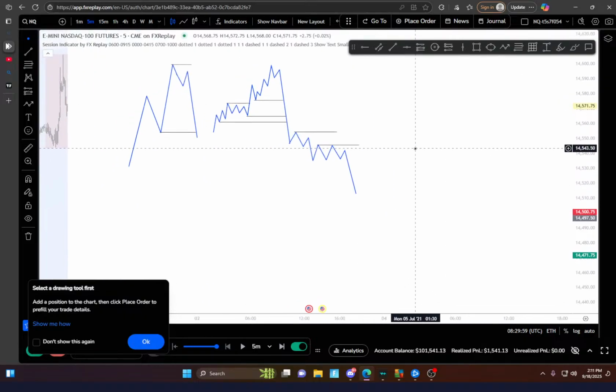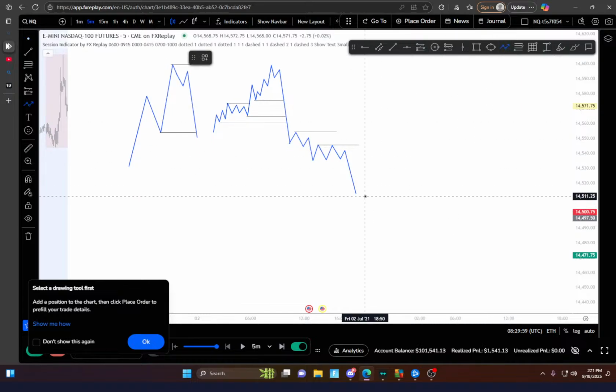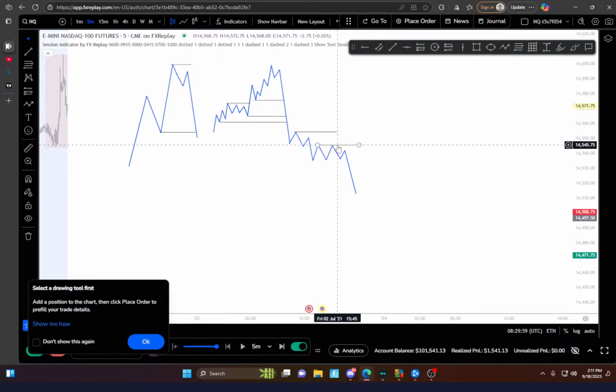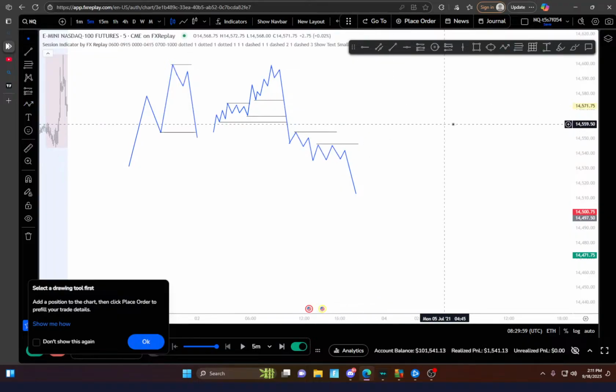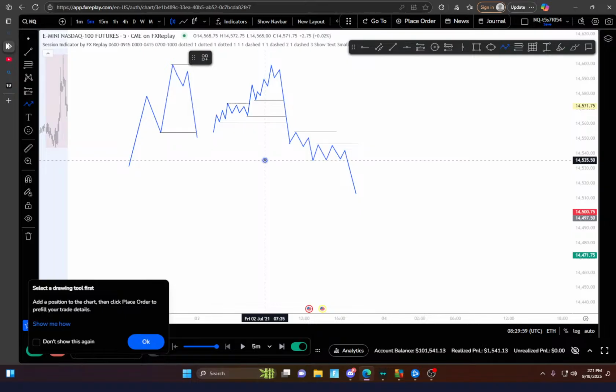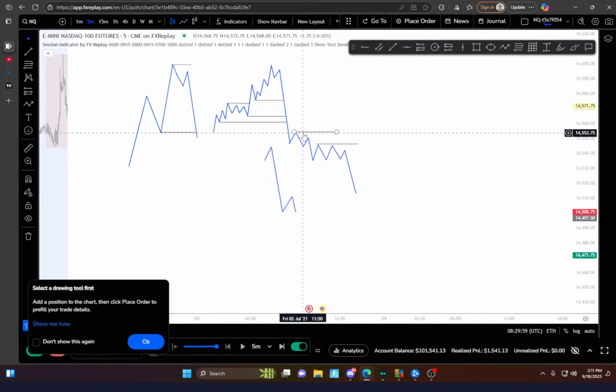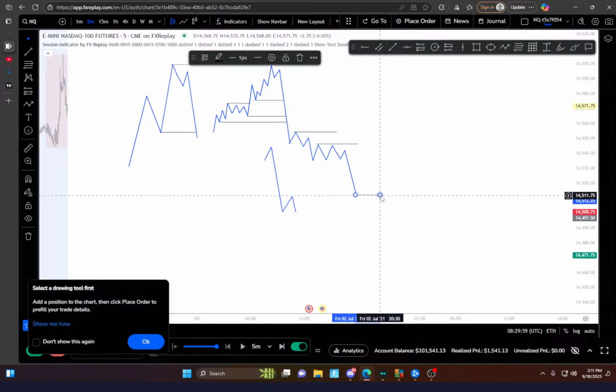Also, even on a high time frame, this is just one leg, from here to the bottom.